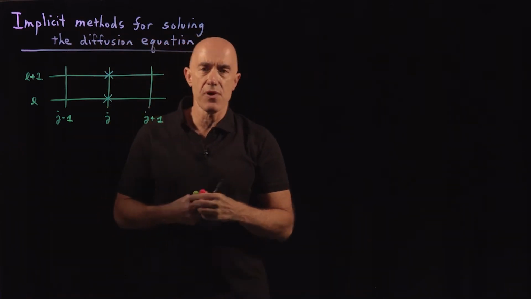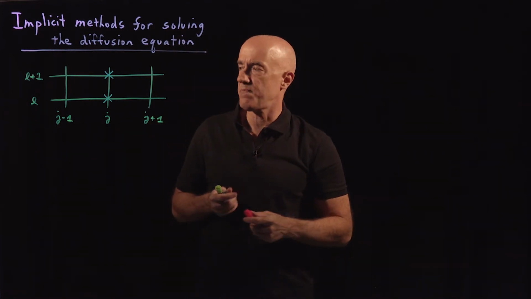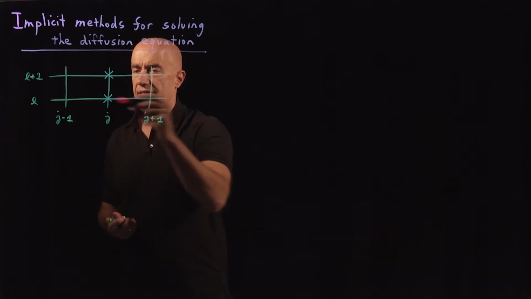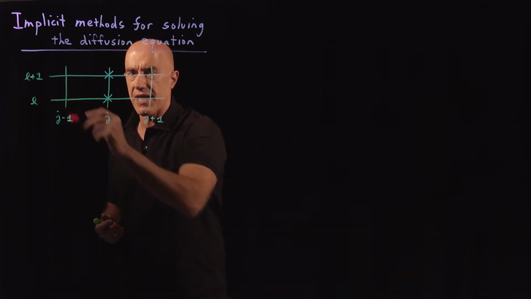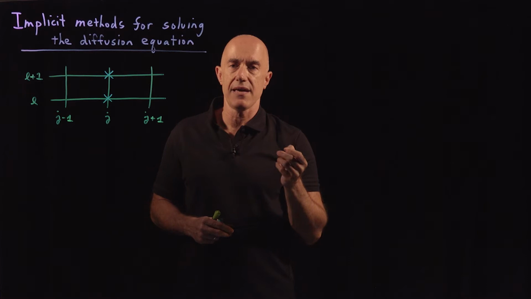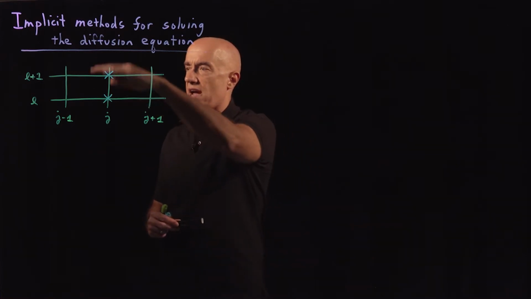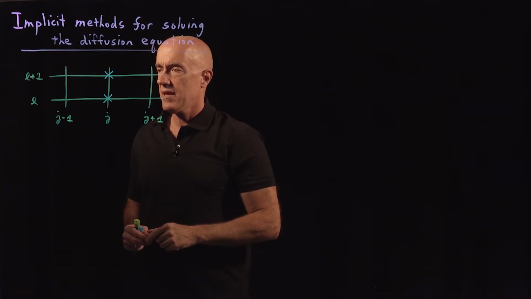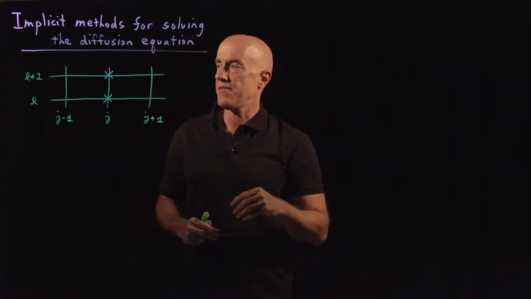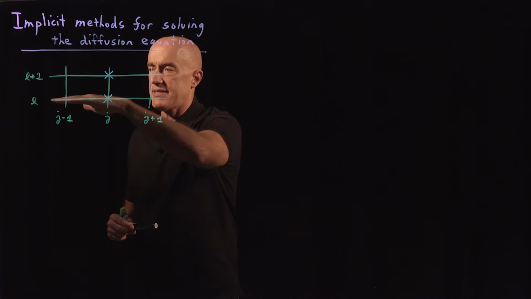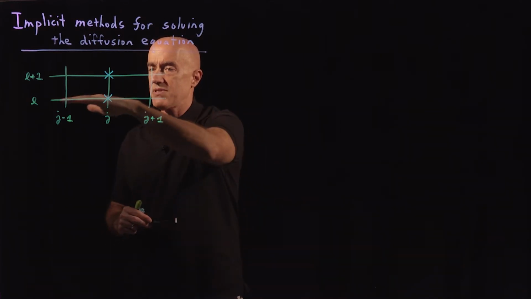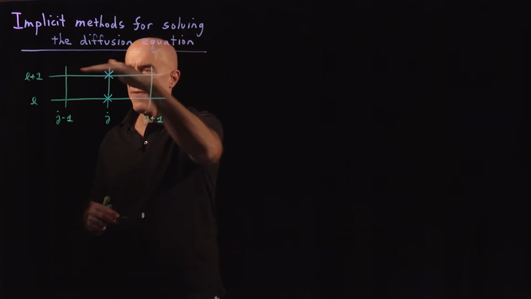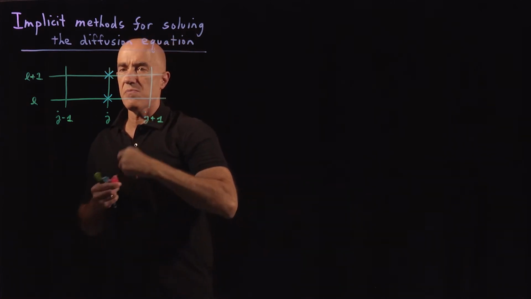But then remember, for the forward time centered space, we calculated the second derivative at the time step L. That's why it became an explicit method, because we're trying to find the value of u at L plus 1. For the implicit method, instead of calculating the second derivative at time step t sub L, we calculate it at the forward time step t sub L plus 1.